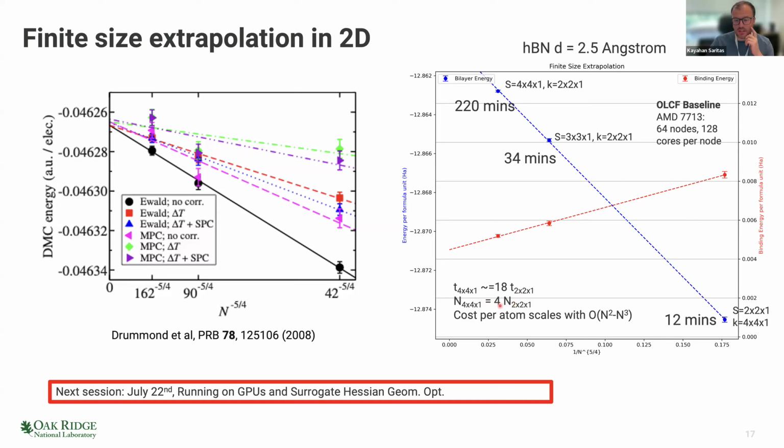The textbook information you will see, and may have already read, is that the cost per atom scales with n square or n cube. But in the real case, when you want to calculate the larger supercells, you don't need to use the same k-point grid as you would for a smaller supercell.